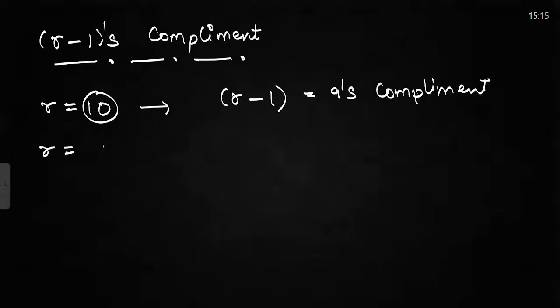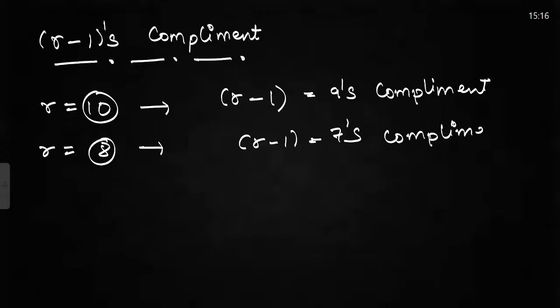Similarly, for r is equal to 8, I will do r minus 1, I will find 8's complement first and then I will get 7's complement. So this is one way of calculating.